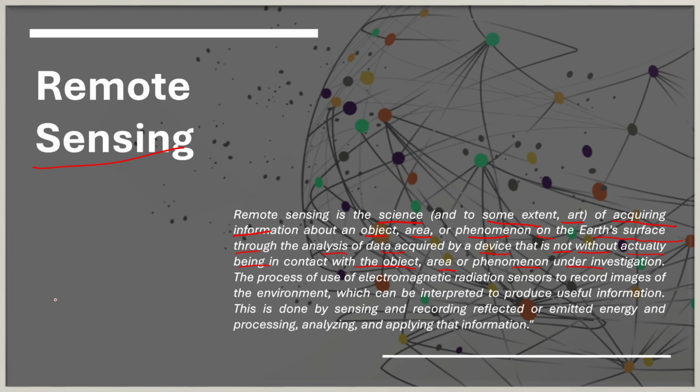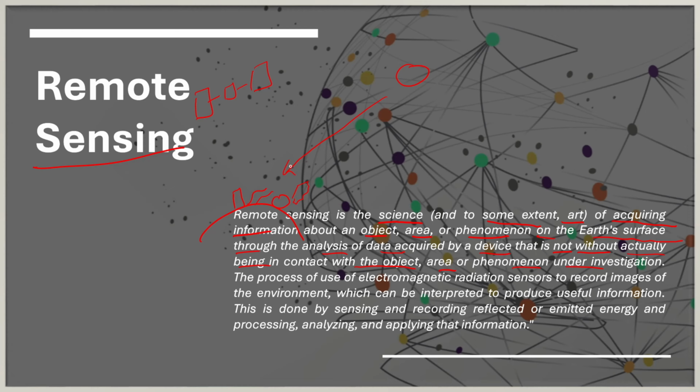Let's say this is the earth surface. There is a building, a river, a pond or lake, and let's say this is a landslide area. This is the remote sensing sensor orbiting around the earth. Let's say this is the sun, and the radiation coming from the sun is electromagnetic radiation.